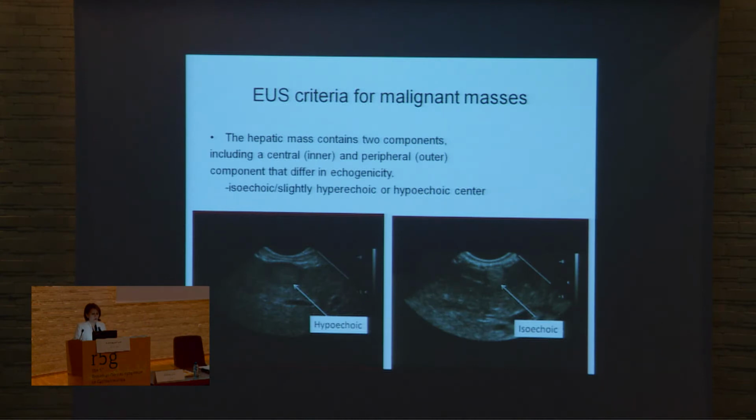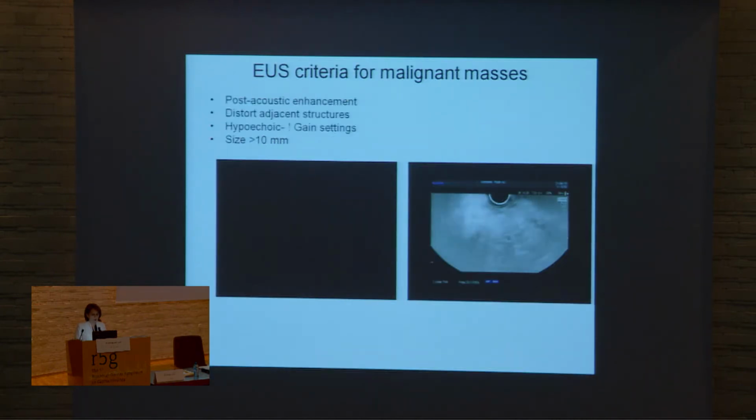Another situation is when we have malignant masses, which usually are inhomogeneous with two components, a central one, which is sometimes hyperechoic, and a hypoechoic layer just around, and their delineation cannot be seen very well many times.